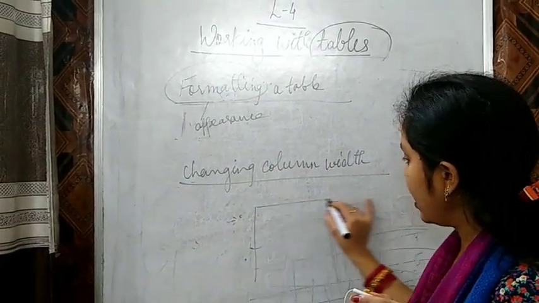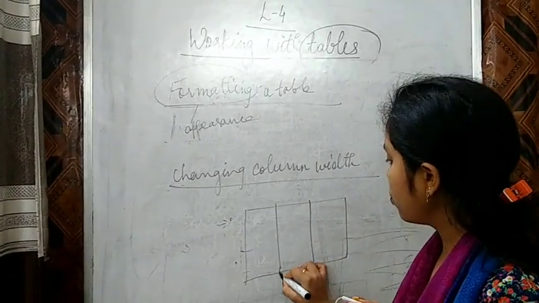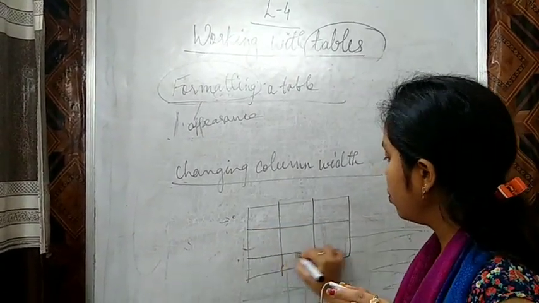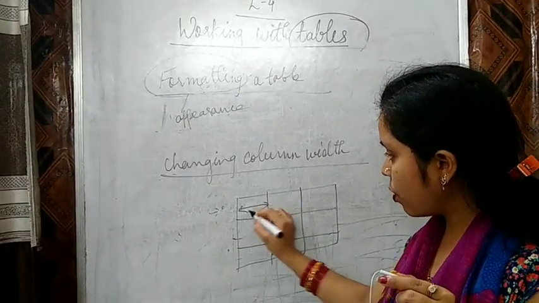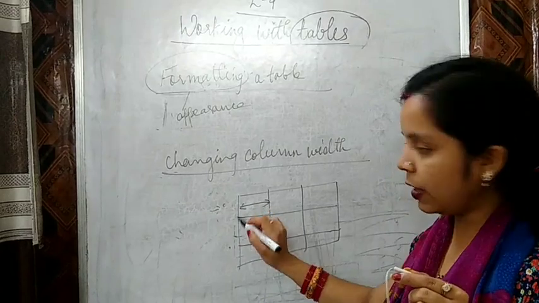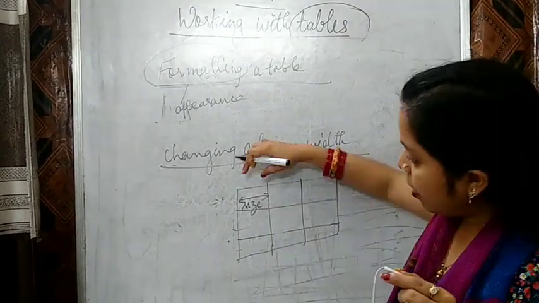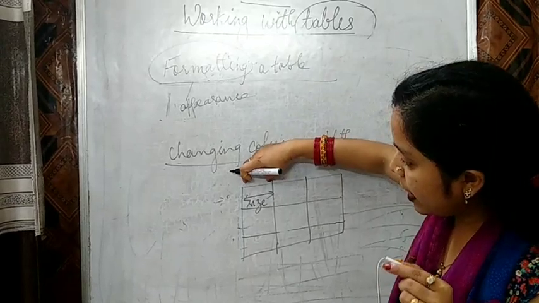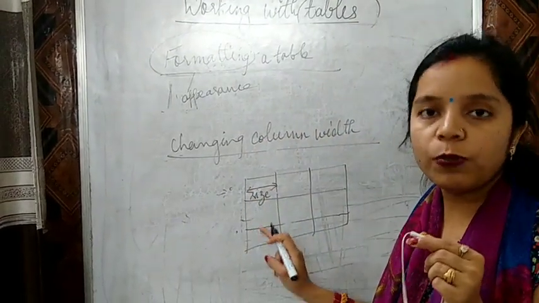Suppose if this is your table and these are your columns or these are your rows. This size of the column is known as column width. If you want to increase or decrease this size of the column, for that also some options are there.